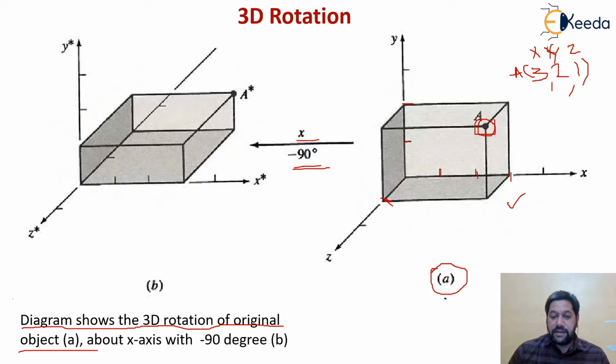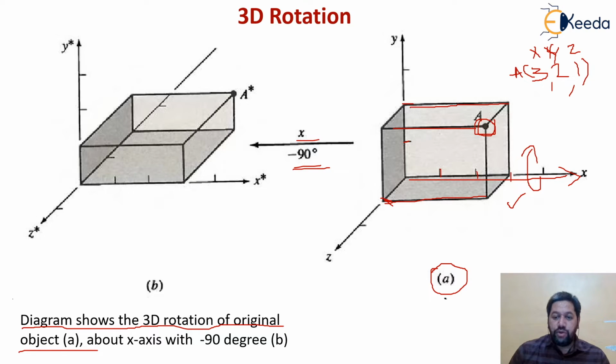This is my x-axis, and this line is also the x-axis. All the lines which belong to the x-axis I'm keeping fixed. From this x-axis it is rotated by minus 90 degrees.